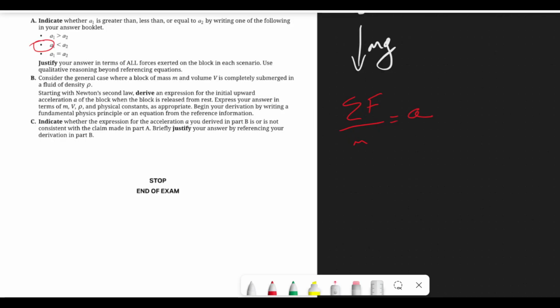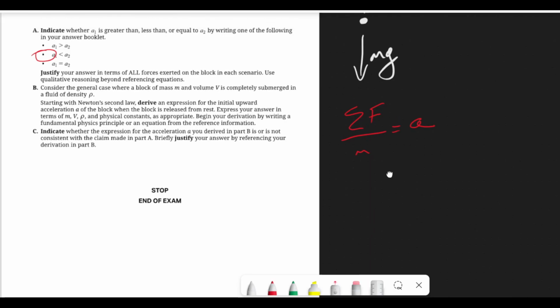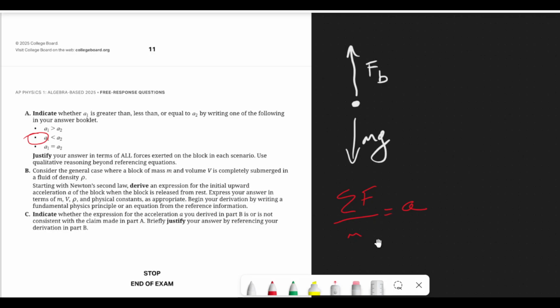So what is my net force? Well, up here I drew my free body diagram, so I can just use that. I know which direction the block is going to accelerate: upwards. So I'm going to do my up forces minus my down forces.